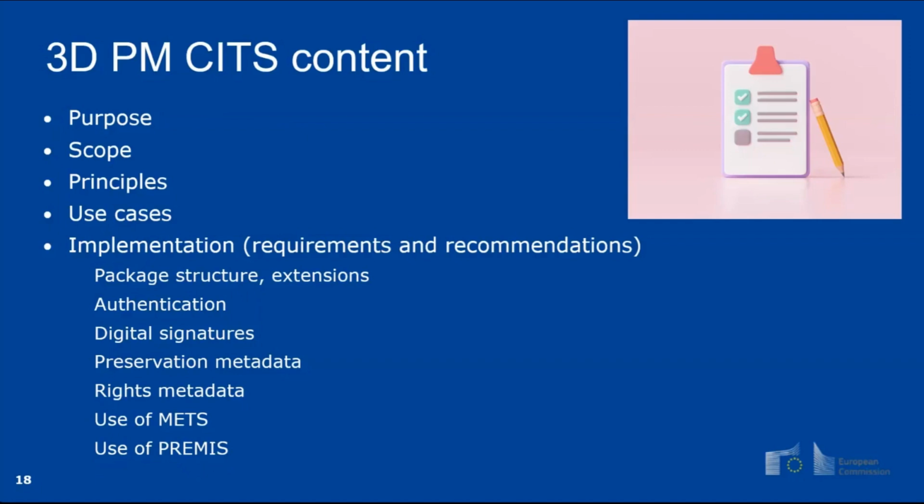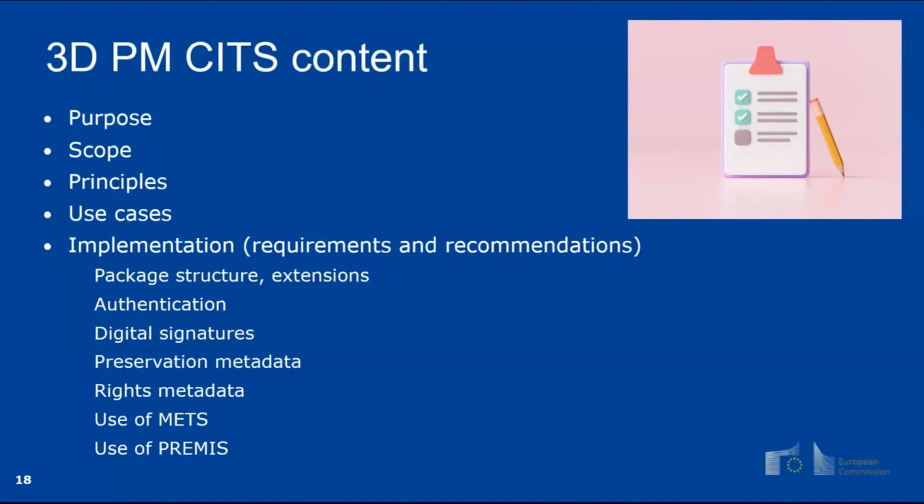So 3DPM, what does it contain? Well, it's similar to the CSIP. The specification document sets out its purpose and its scope, the general principles, which are in addition to those of the CSIP, and the use cases that it is intended to serve. This is important in the CITS documents, to understand where the CITS is intended to be applied and where it is not.